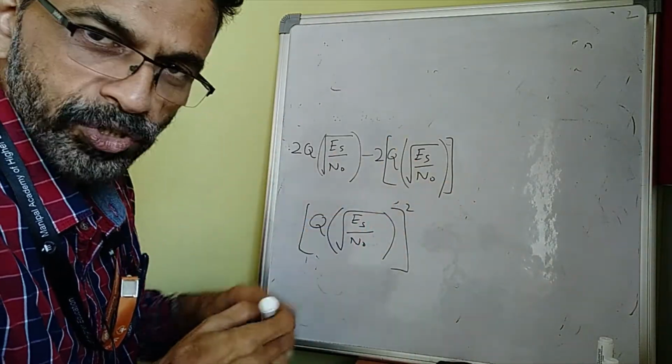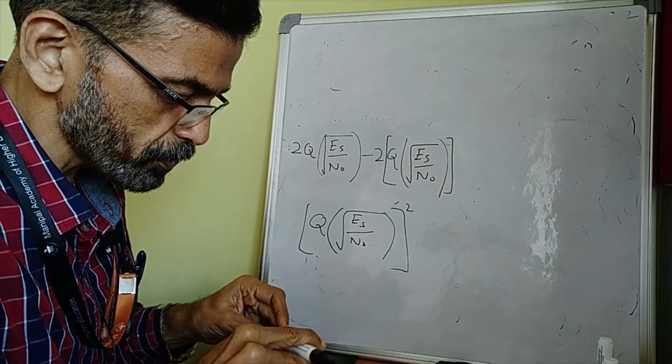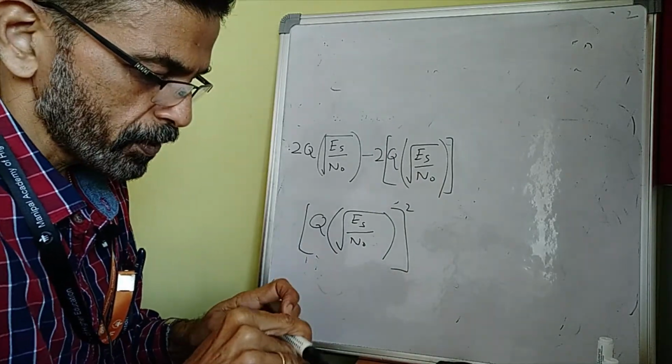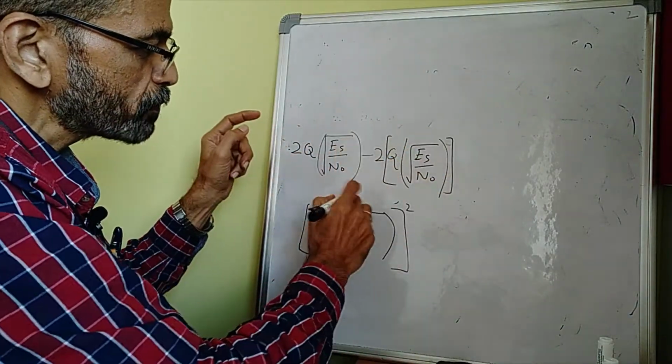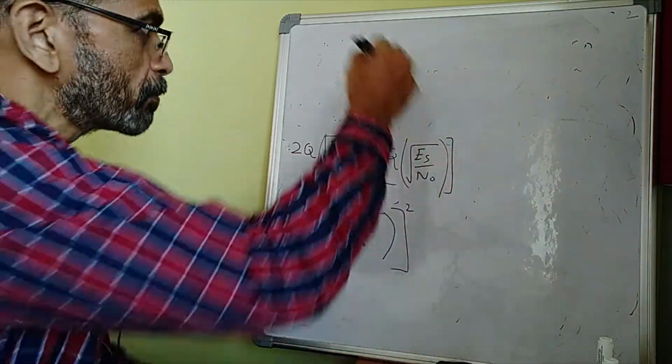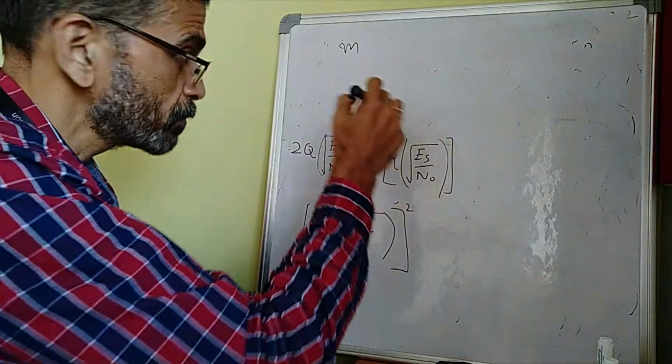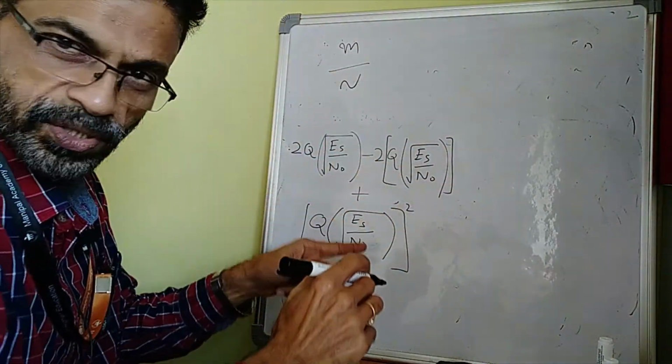So m by n has to be this, which means that the number of symbols which we have detected wrongly will be equal to the sum of these two multiplied by n, because m by n is this.